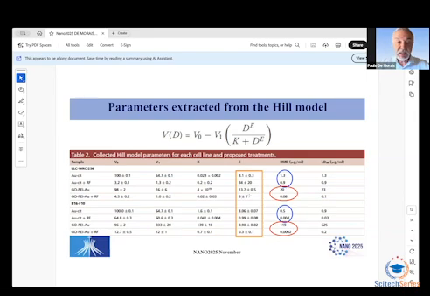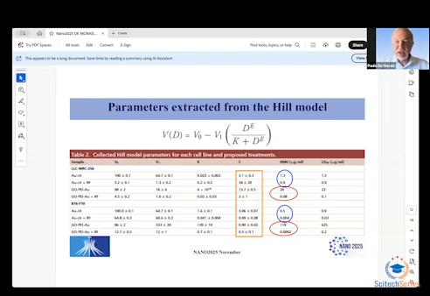If you look at the data extracted from the Walker cell line, you see that the Hill exponents are all over 1. And if you look at the second cell line, most of the data present a Hill exponent lower than 1. So actually 1 is a very important border for this kind of analysis.